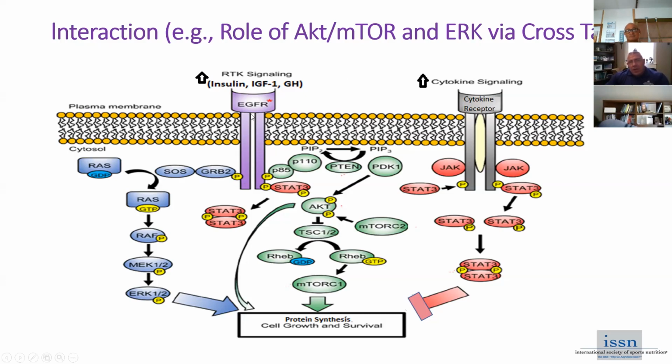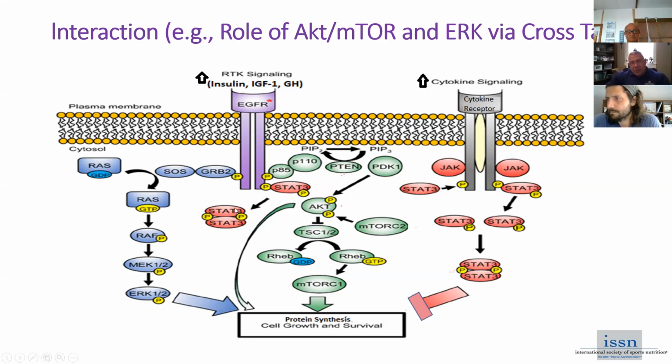This shows receptor tyrosine kinase signaling, whether it's insulin, IGF-1, growth hormone. We have the ability to upregulate this AKT-mTOR pathway, which we just talked about a little bit on the previous slide, that's involved in initiating translation towards protein synthesis.